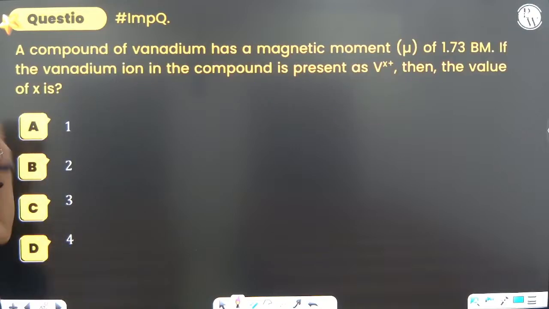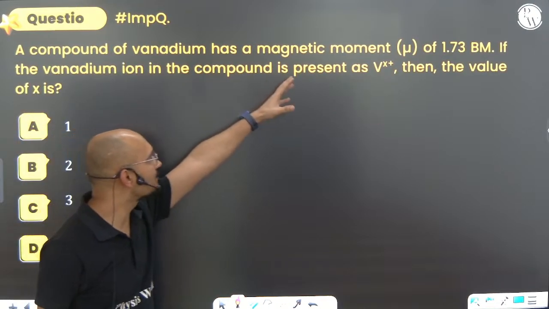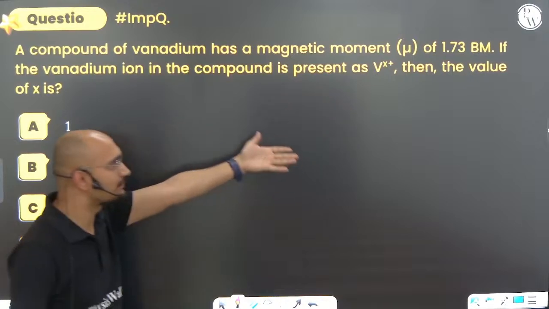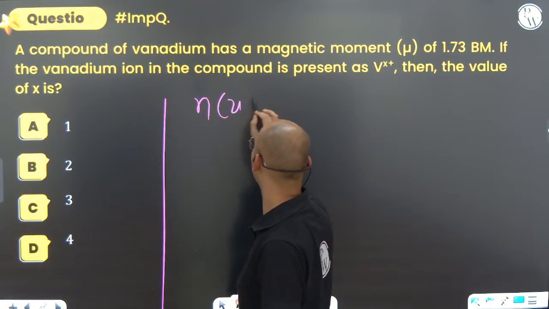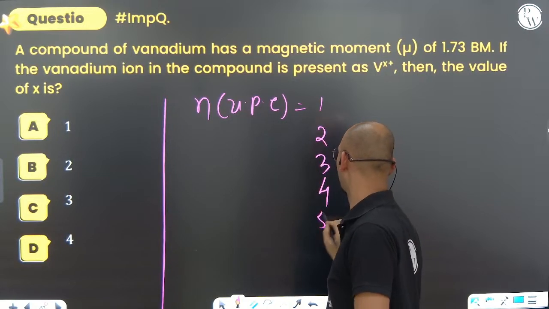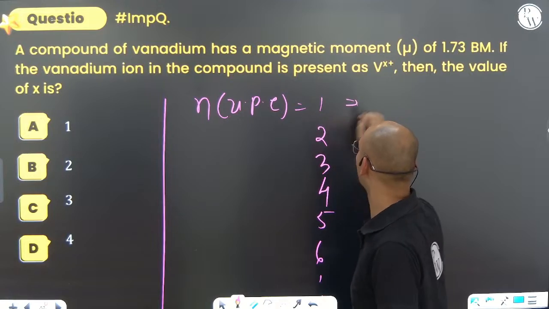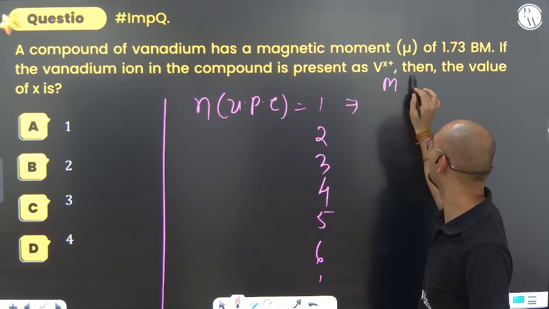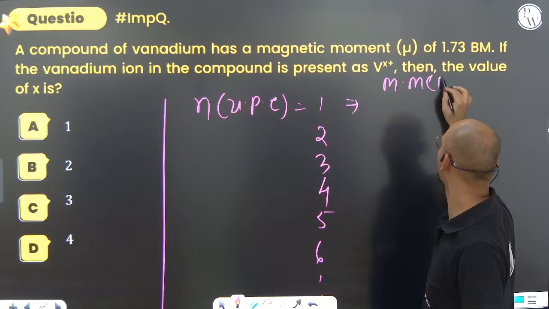Next one. A compound of vanadium has magnetic moment mu equals 1.73. Always remember, if n is the number of unpaired electrons, equal to 1, 2, 3, 4, 5, 6, I hope you understand. So what will be the magnetic moment in Bohr magneton?